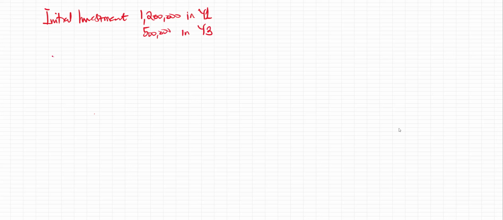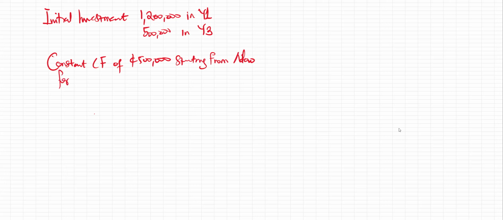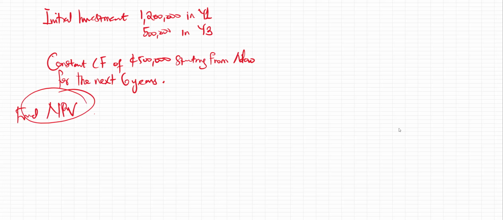But then you are going to get constant cash flows of 500,000 starting from now, for the next 6 years. Okay. What is the NPV? Now it's your turn. Quick.